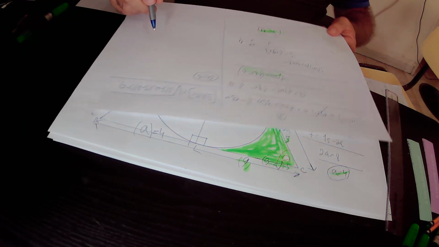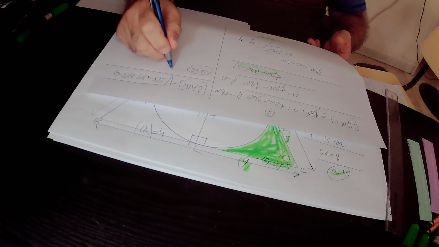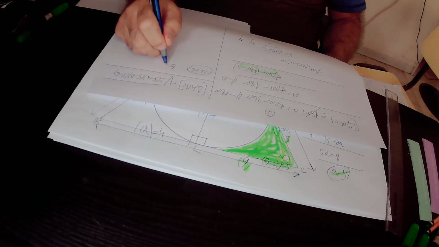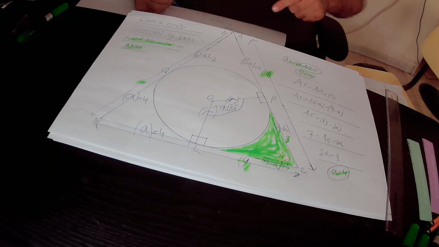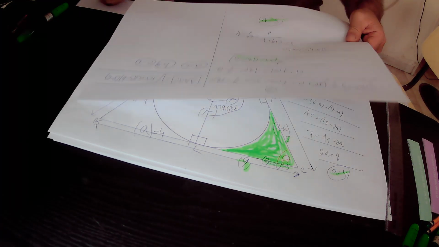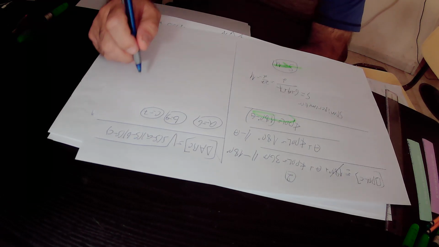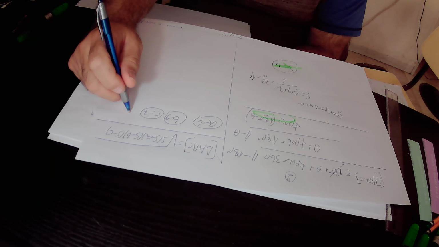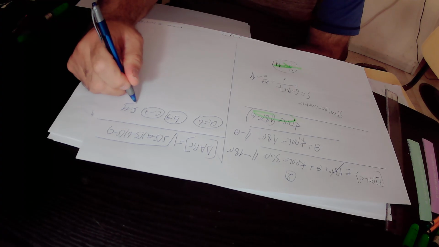We define side BC as B, and B equals 9. We define the length of side AC as C, and C equals 7.